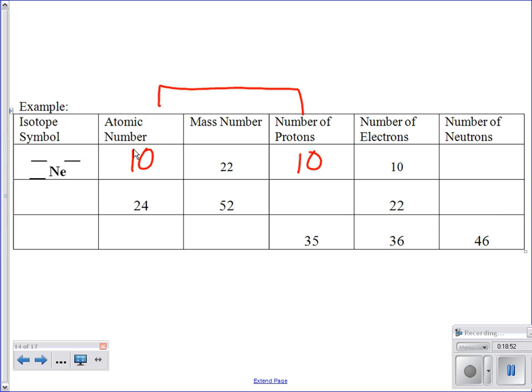We're given that there's 10 electrons, and then we want to figure out our number of neutrons. 12. And we got that by saying that we have our mass number of 22 minus our number of protons. So it was the protons plus neutrons minus just the protons gives us the neutrons. Okay, we are going to do this on the side, and then we'll come back.